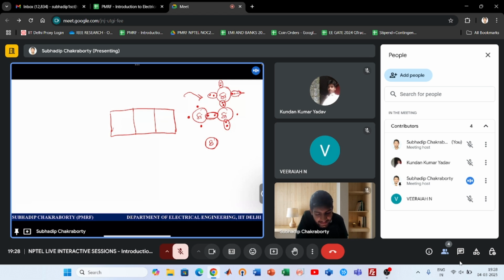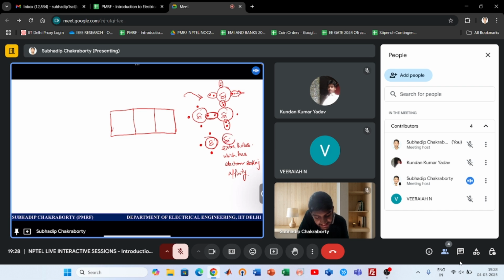What do p-type elements mean? That they have extra holes, which have affinity towards electrons. The electron seeking affinity, or electron affinity, you can tell. So boron has 3 valence electrons.